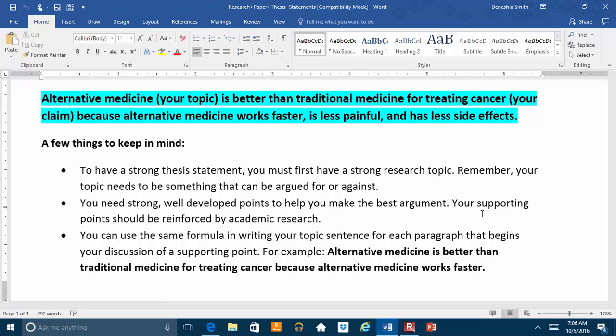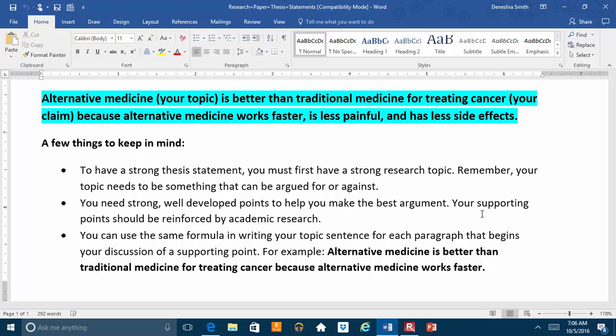With a strong thesis statement, the beauty of it is you can use the very same formula for writing your topic sentences. A topic sentence typically comes at the beginning of a paragraph when you're going to be talking about a specific thing.